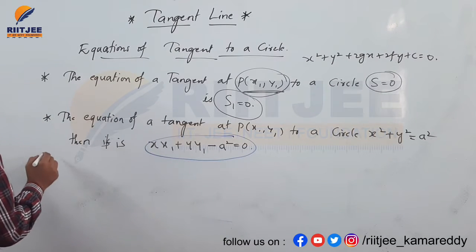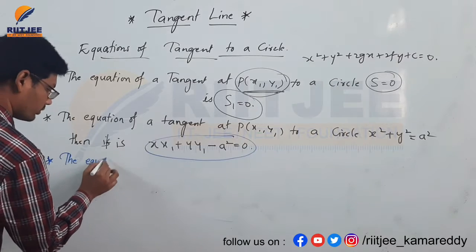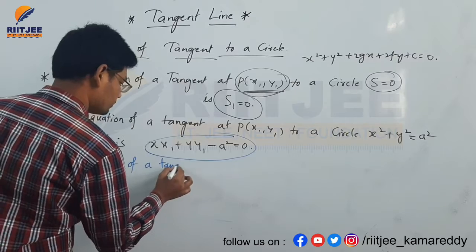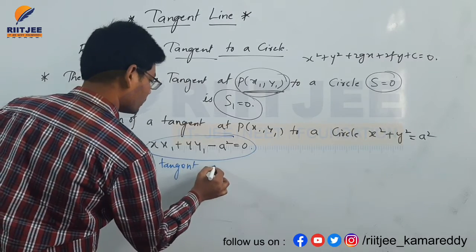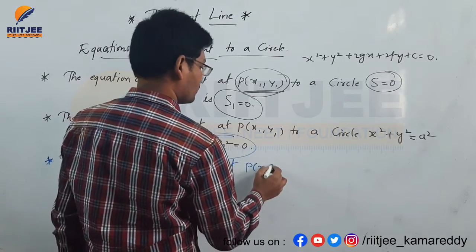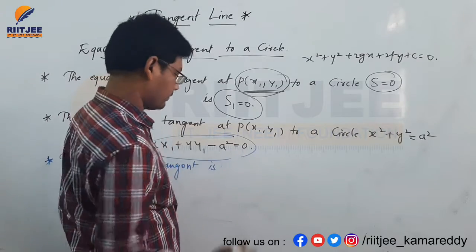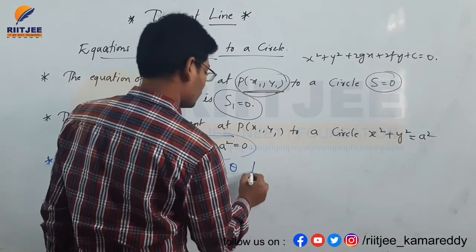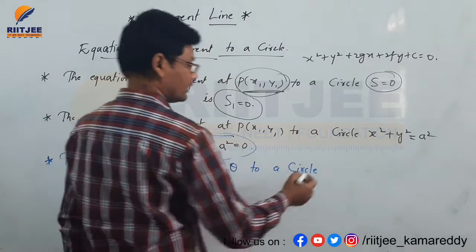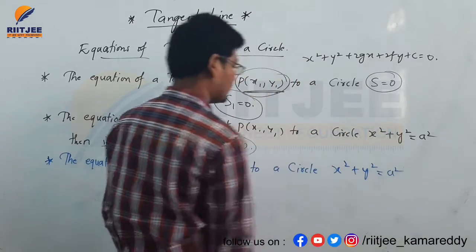And the next one, the equation of a tangent at P of theta to a circle x square plus y square equal to a square.